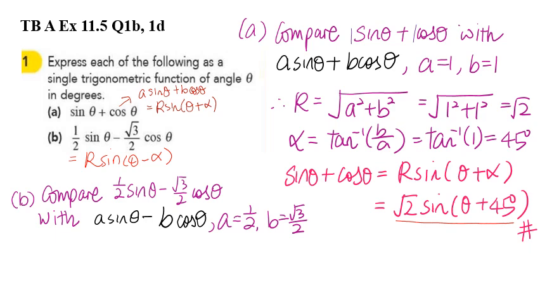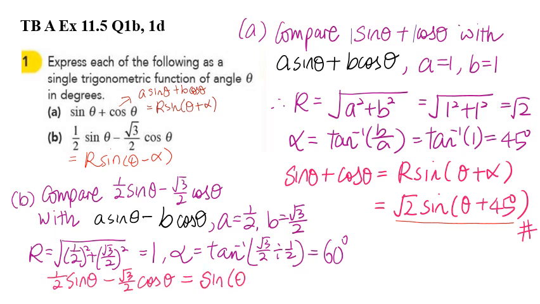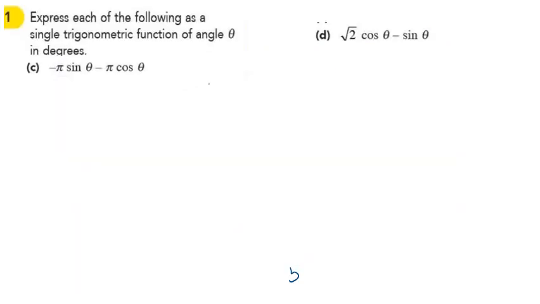From there, you can just plug into R equals square root of A squared plus B squared, which gives you R equals 1, and alpha will be tangent inverse B over A, which gives you tangent inverse square root 3. It's a special angle that gives you 60 degrees. So you put them together, R is 1, so 1 times sine bracket theta minus 60 degrees gives you just sine bracket theta minus 60. Okay, so question 1 is pretty straightforward. Right, let's look at the next question.